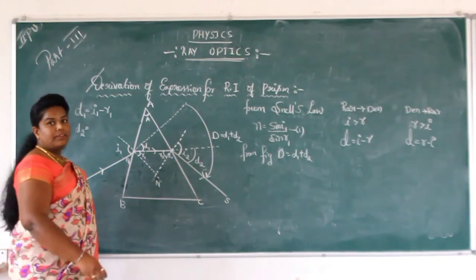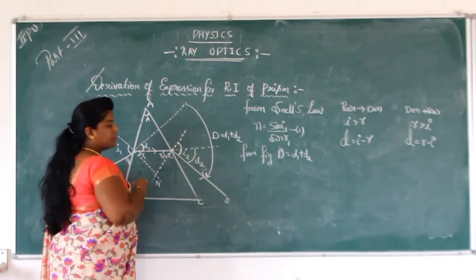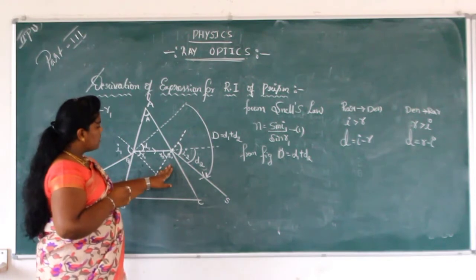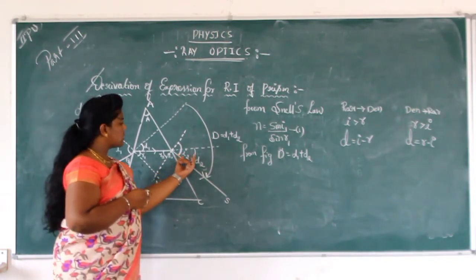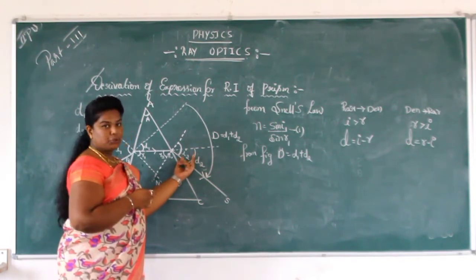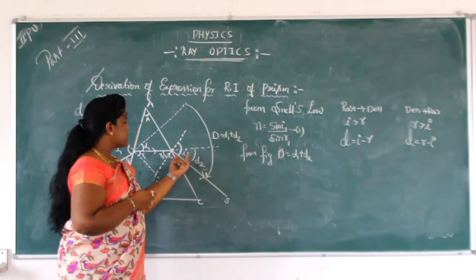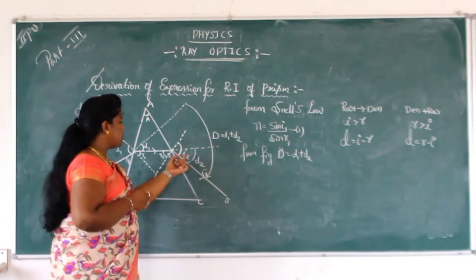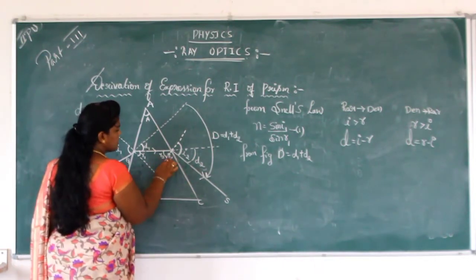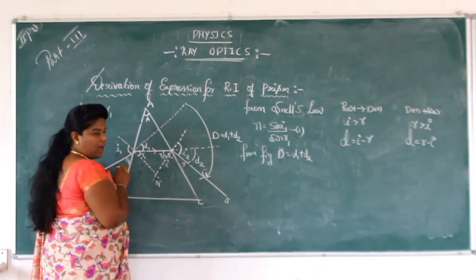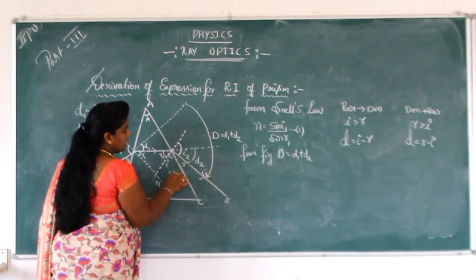The ray of light is traveling from denser medium to rarer medium, so I2, the angle of refraction, is greater than R2. Please be careful. This is the angle of incidence I, this is the angle of refraction R. The ray of light is traveling from denser to rarer, which means R is greater than I.